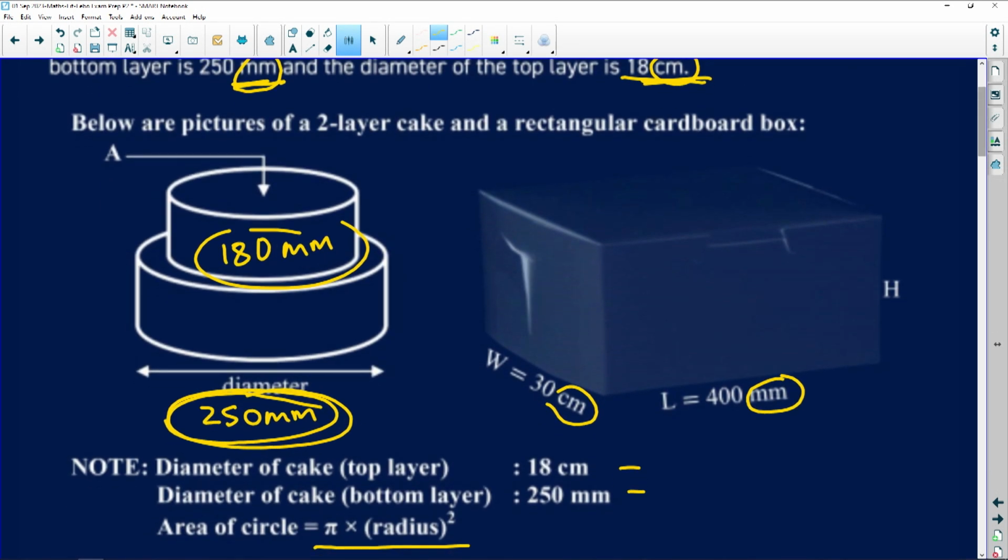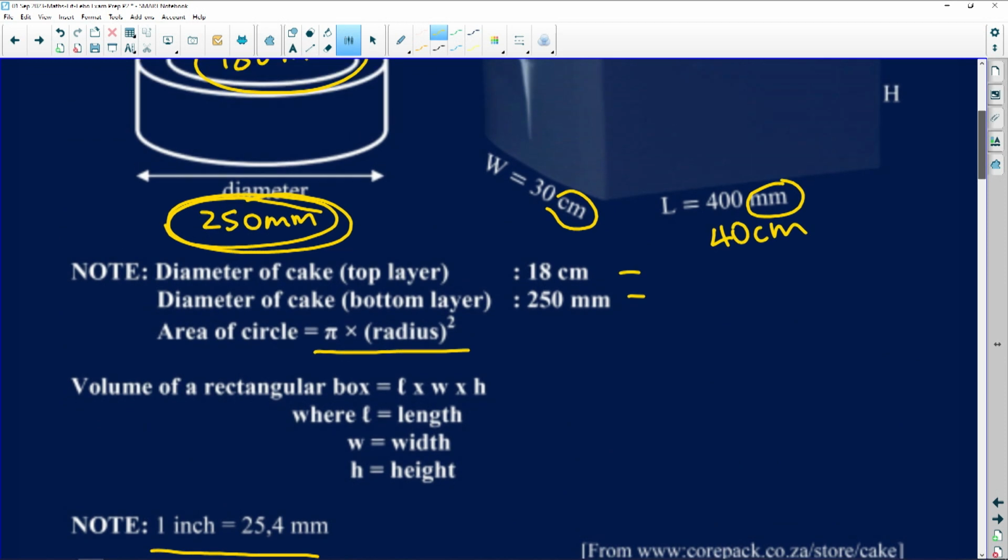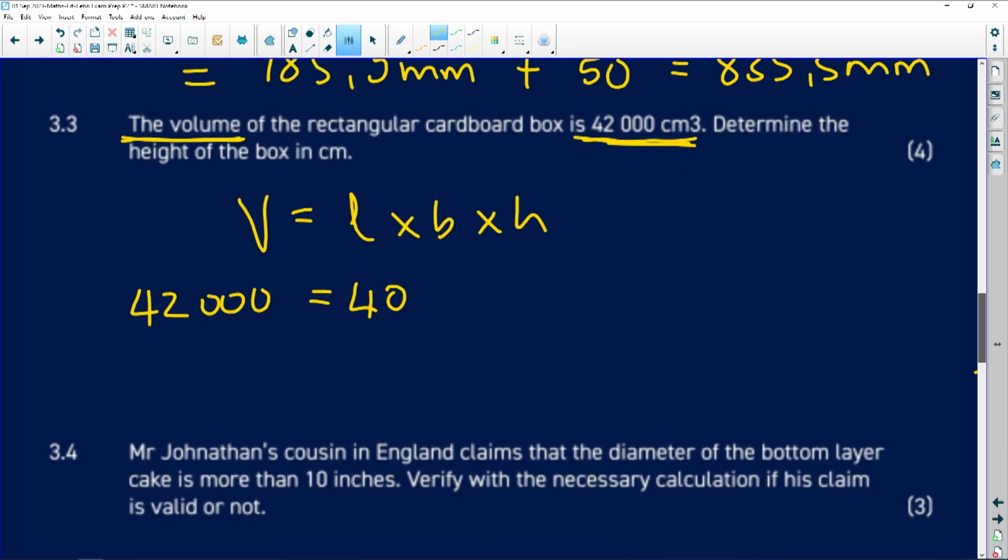The length is 400 millimeters, but I cannot use it as millimeters. I have to convert that to centimeters, which is 40 centimeters. I've already shown you how to do that. So the length of the box is 40 centimeters. The length is the longer side and the breadth is the shorter side, times 30.